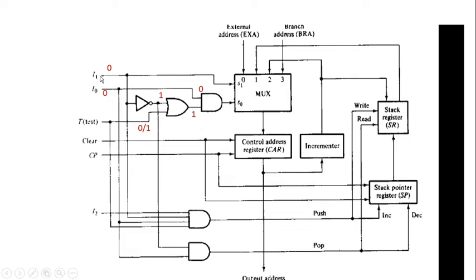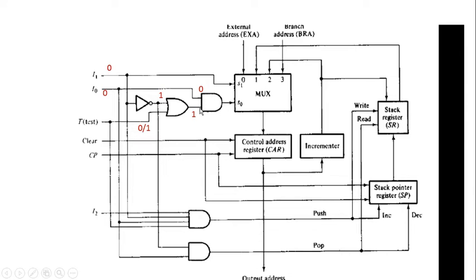So if I1 equal to 0 and I0 equal to 0, both S1 and S0 become 0, because I1 is directly connected with S1, so this 0 value becomes the value for S1, and I0 is 0 here. So one input of this AND gate becomes 0.